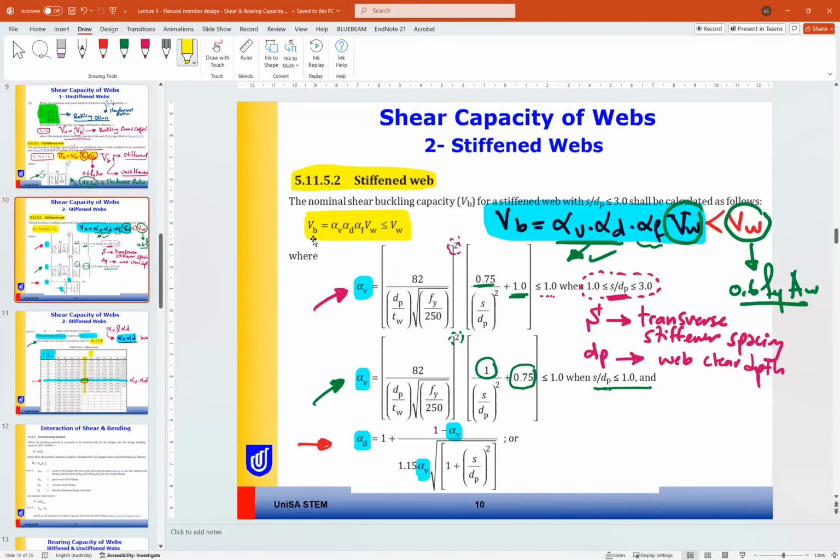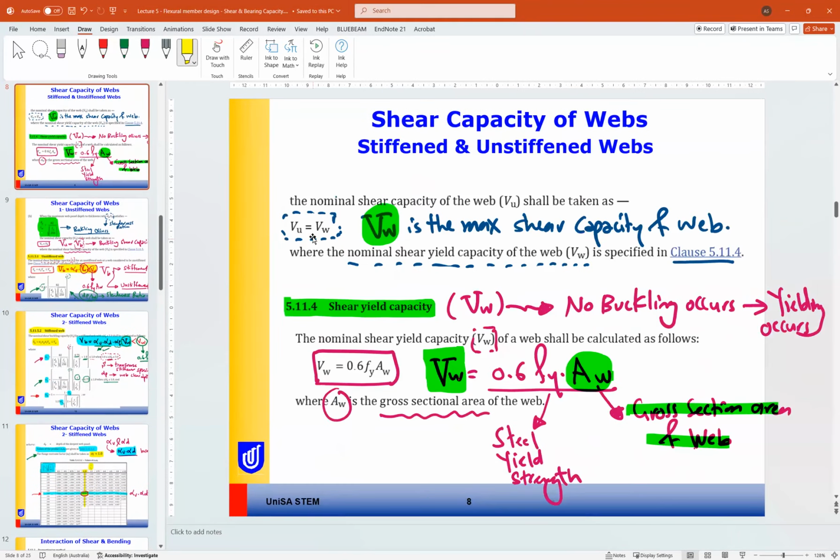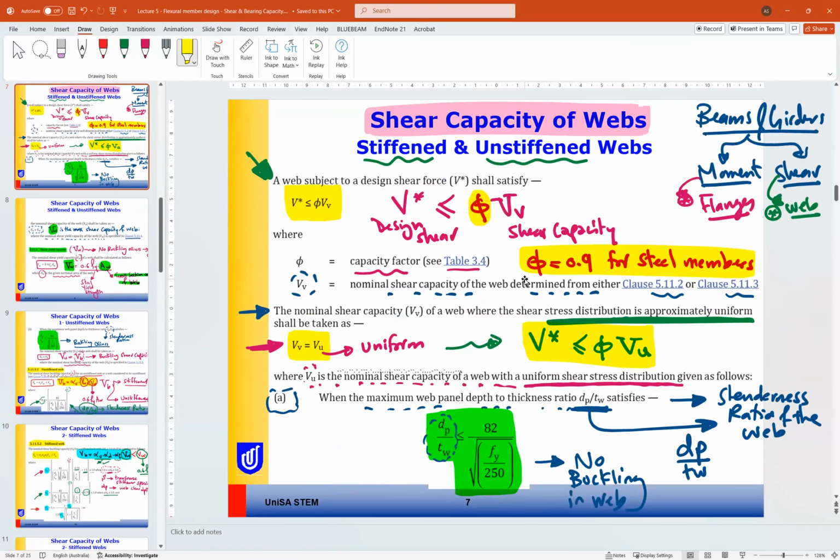So to summarize the shear, we have two types of shear capacity based on the slenderness ratio.